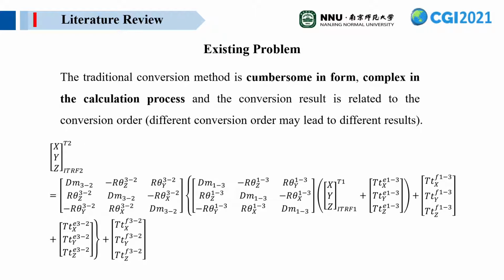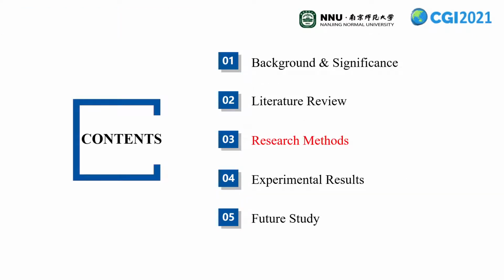The formula expressing the conversion from epoch 1 and ITRF1 to epoch 2 and ITRF2 is as shown in the following, which is lengthy and complicated. In order to solve the problem, we introduce CGA as a unified expressing frame of geodetic stations.